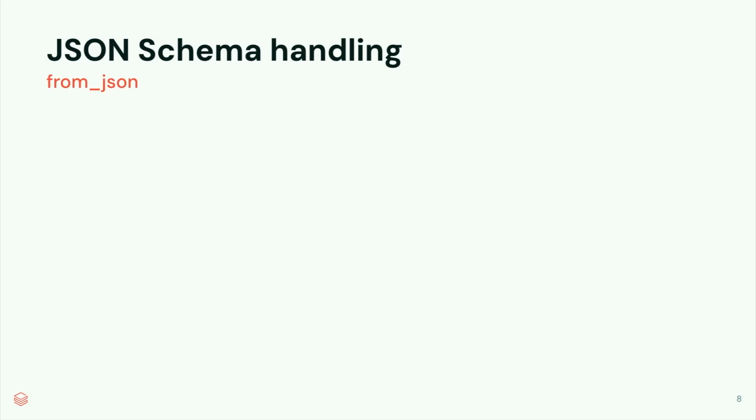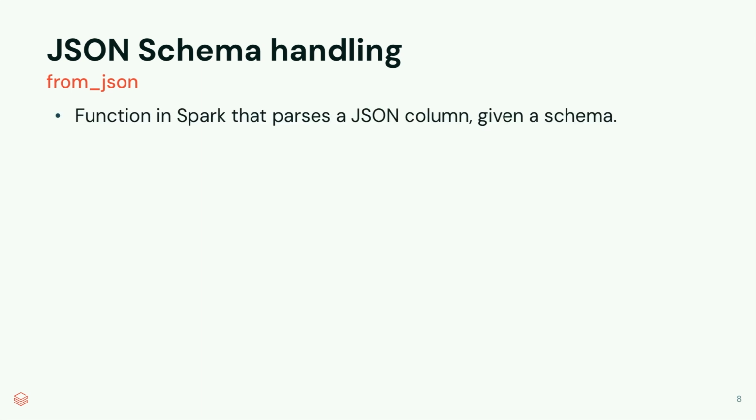Now let's see how JSON data is usually processed. It is using from_json. from_json is a function in Spark that parses a JSON column, given you specify the schema. This is how the schema for from_json looks. It returns a struct and you basically have to extract fields from that struct.